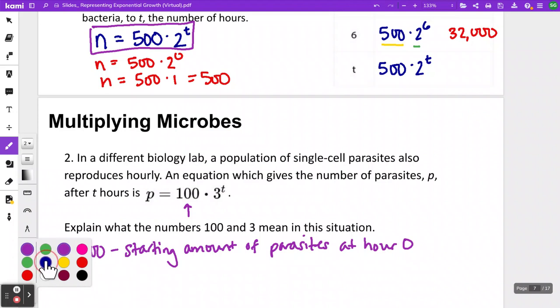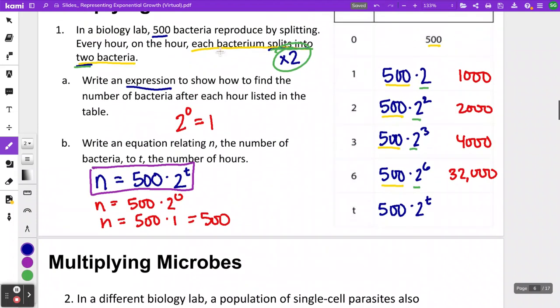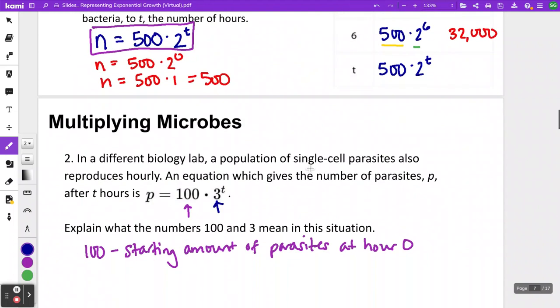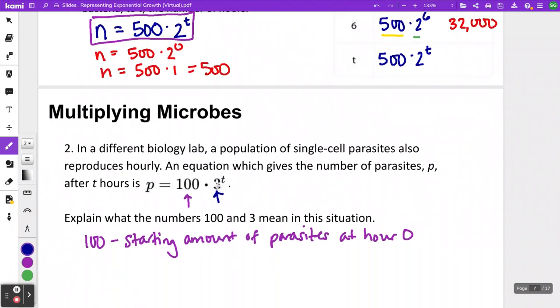The other number we have here, the 3, is going to be similar to what that 2 was. Remember, the 2 was telling us every hour the bacterium splits into 2 bacteria. Here, the 3 is telling us the rate our parasites are growing at. I don't know too much about parasites, so I don't know if they split, but I can use that word we had seen in a previous lesson. I can say they are tripling.